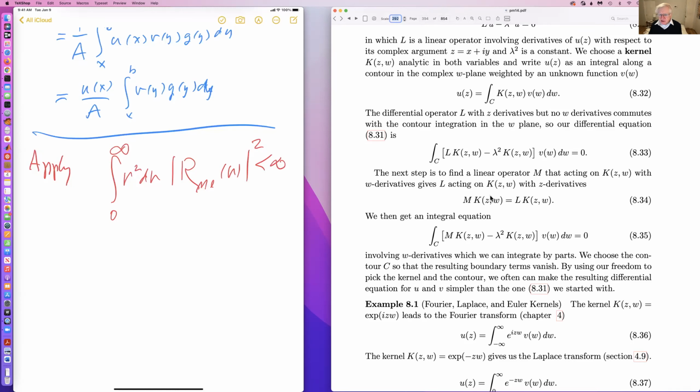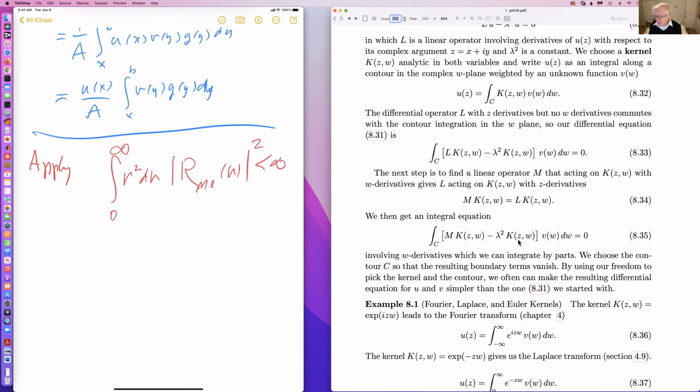And so you do this thing that's kind of weird. You say this differential operator acting on W, hitting K, is the same as L, which is a Z differential operator, acting on K. Then you have this equation, which involves only W derivatives now.